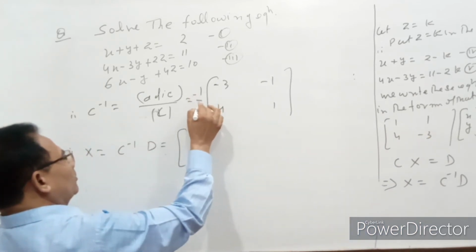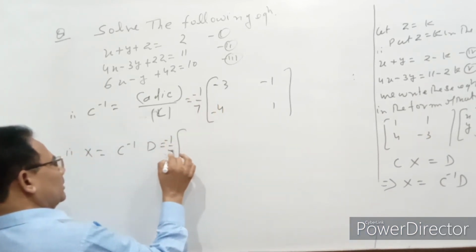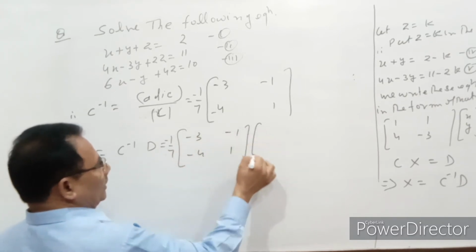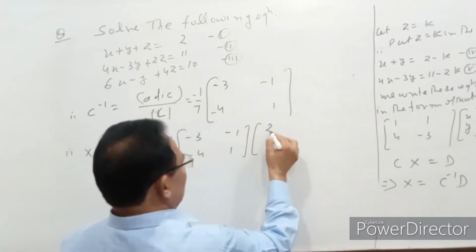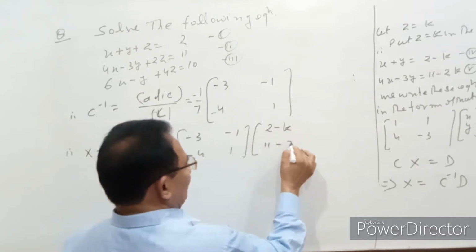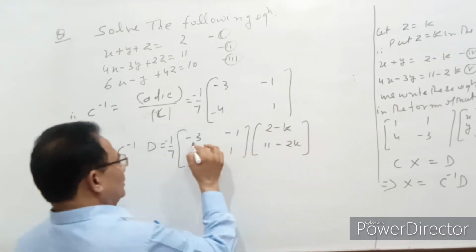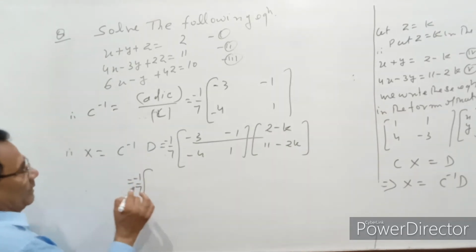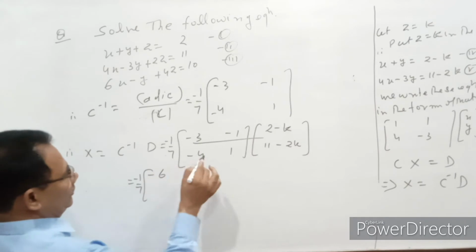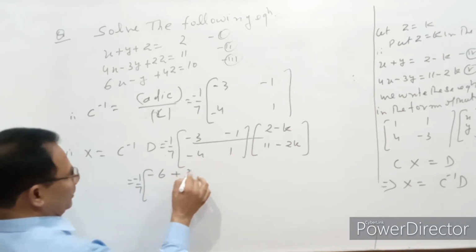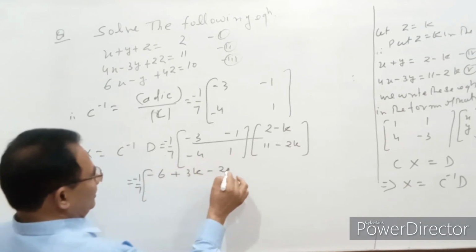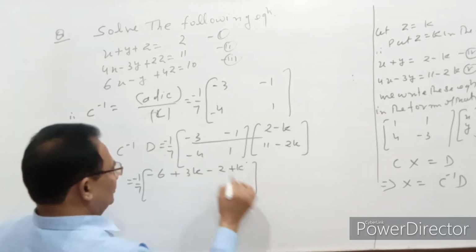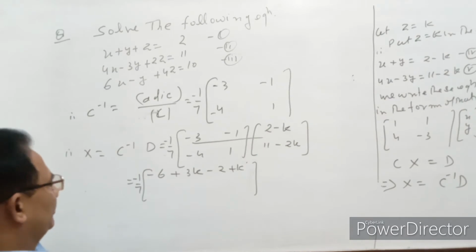minus 1 by 7. 1 by 7 minus 3 minus 4 minus 1, 1 into 2 minus k, 11 minus 2k, row by column multiply, minus 1 by 7 minus 6 plus 3k minus 2 plus k, this is row by column, just a minute.